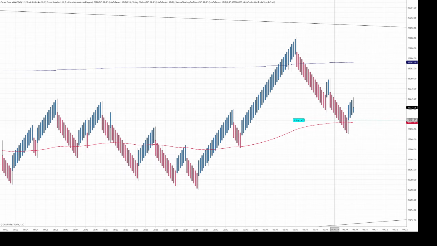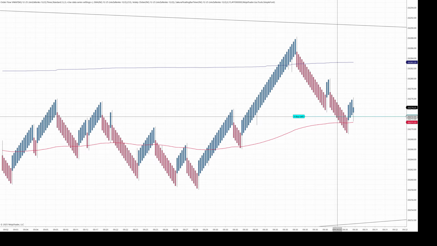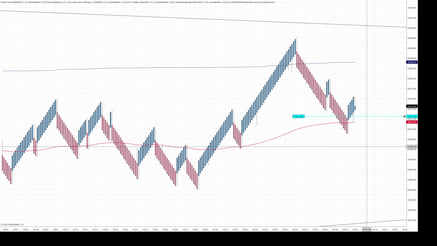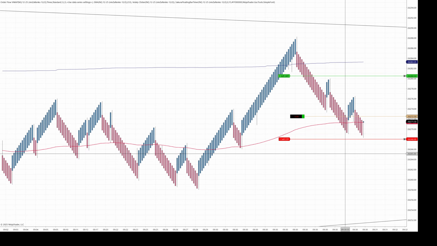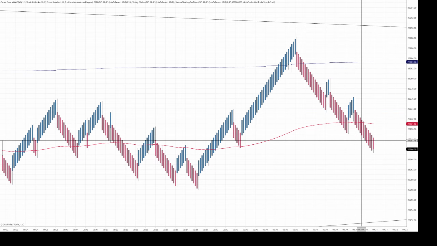This would have been the entry right there, but we missed it. And then I think this is going to be a stop loss, yeah.